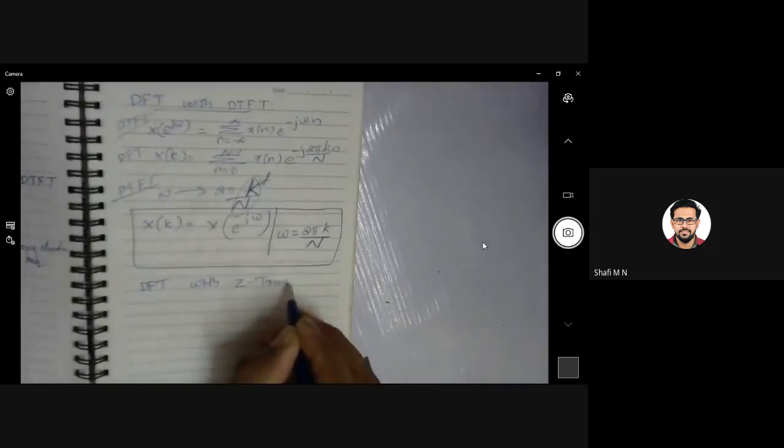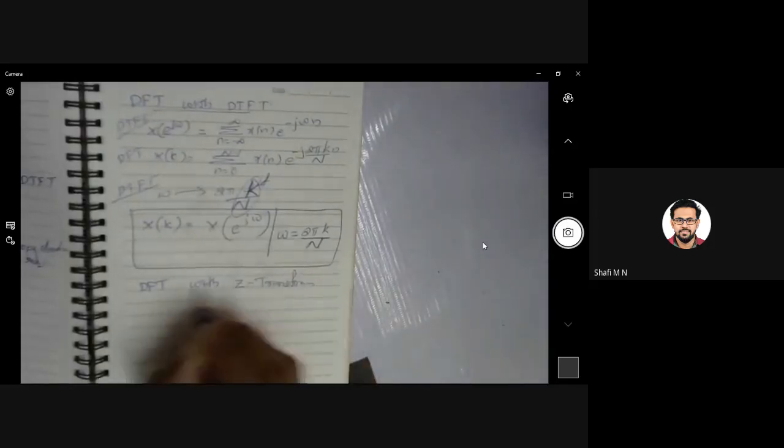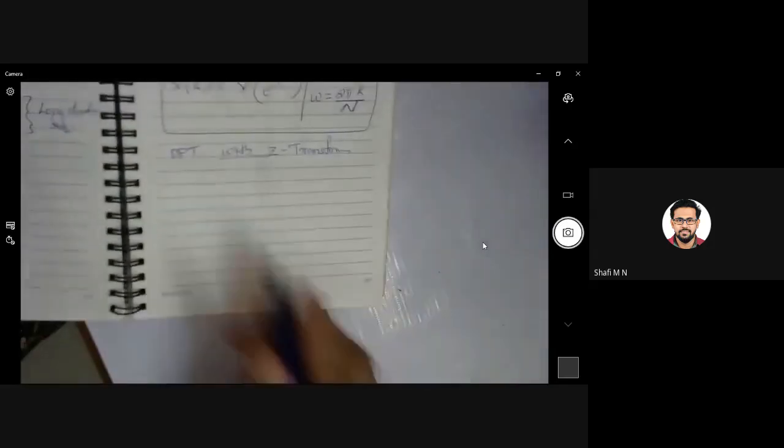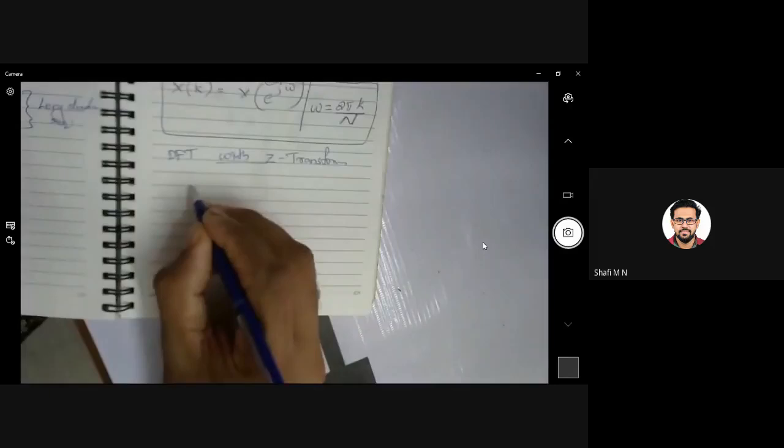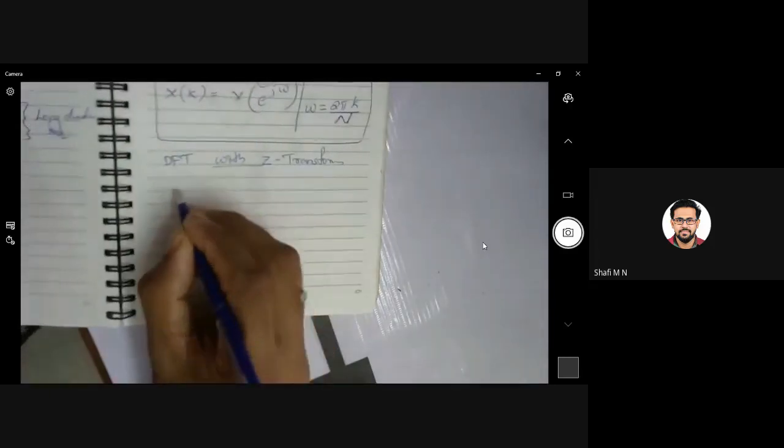Okay. The next thing is the relationship of DFT with the Z transform. Like we compared DTFT and DFT, first you need the equations. What is the equation for DFT?